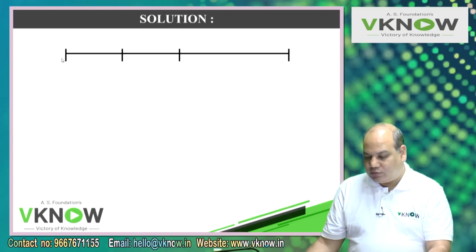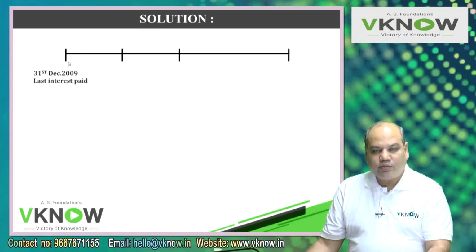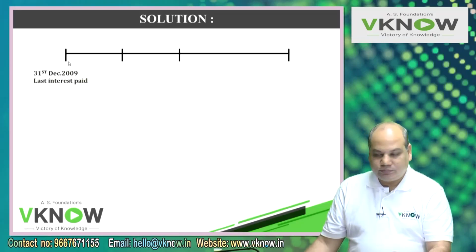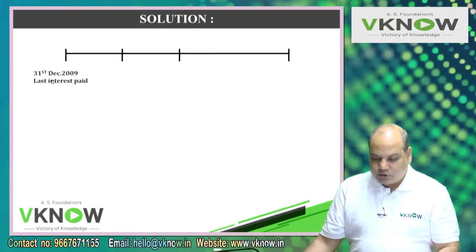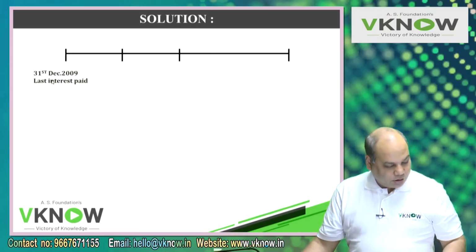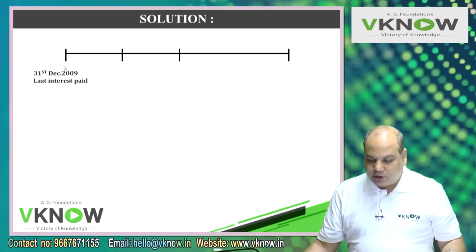Take a scale, draw a straight line, and there are 4 important dates in this problem. Which are these 4 important dates? First important date is 31st December 2009. Why is it significant? Up to 31/12/2009, the company has already paid the interest.